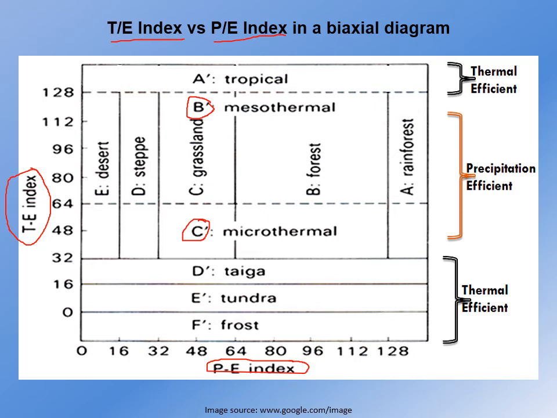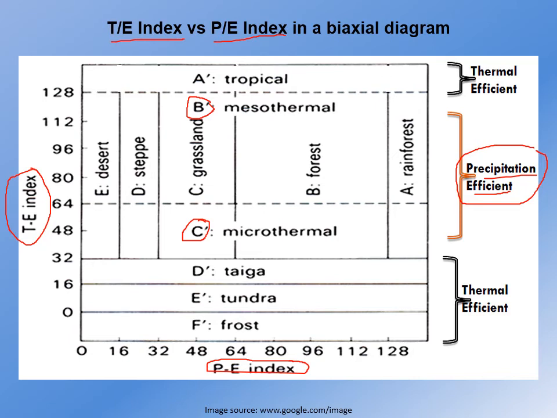So these two temperature provinces are guided along with the temperature factor by the precipitation factor also, that is the precipitation efficiency. The A dash, D dash, E dash and F dash are simply thermal efficient regions, whereas the B dash and C dash are the precipitation efficient regions.